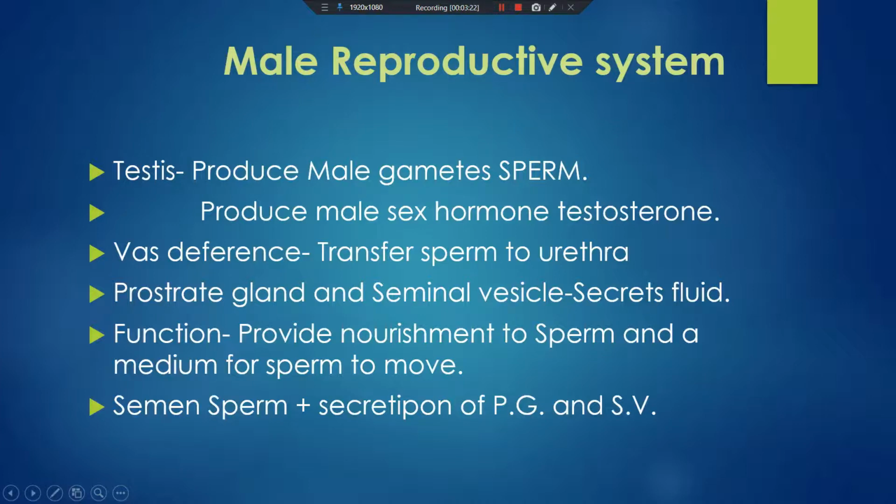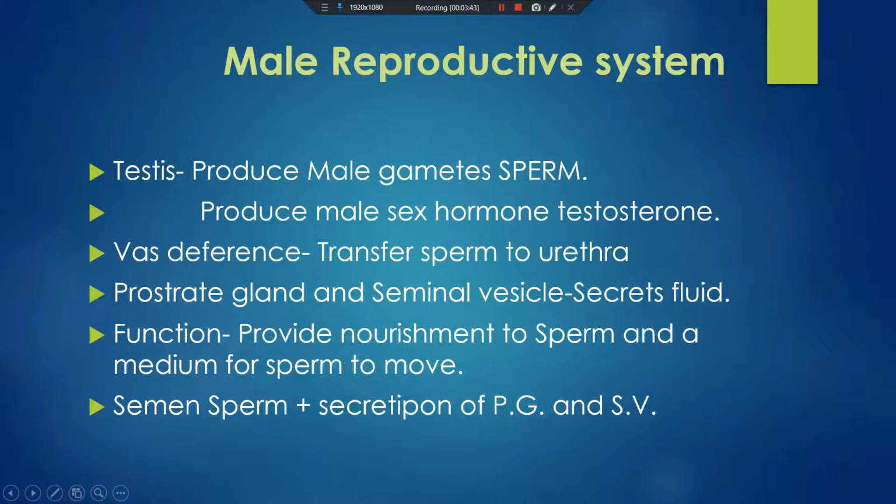Next, there are two glands present, the prostate gland and the seminal vesicle. They both secrete a fluid, and the function of this fluid is to provide nourishment to the sperm and a medium for the sperm to move.